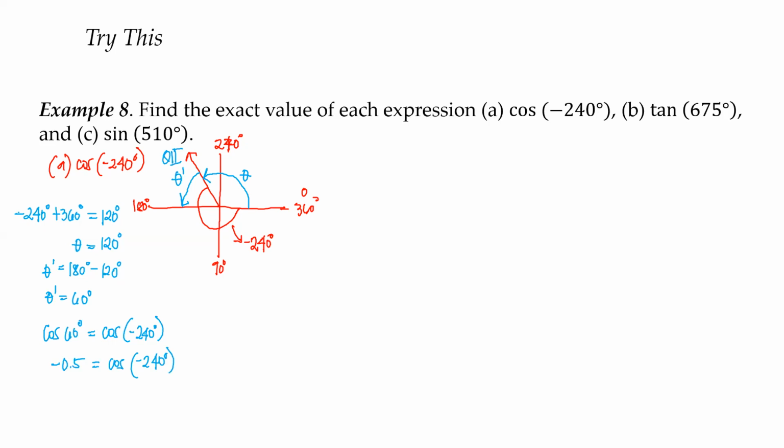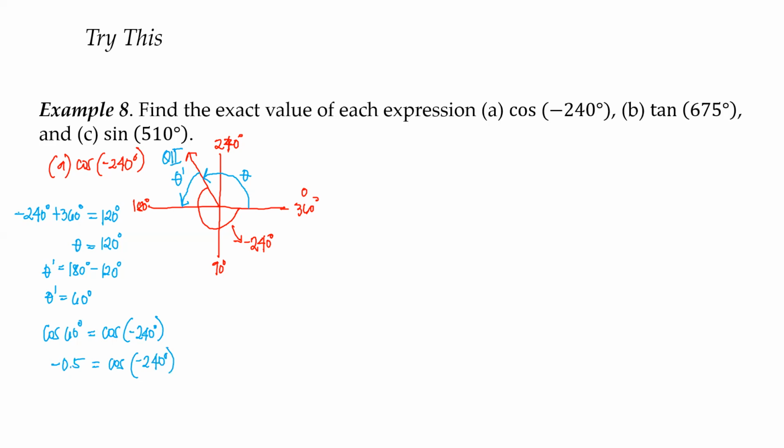Now, to check, in case you have doubts because the angle is negative: since it is in quadrant 2, x is negative, and y, the sine, we should expect to be positive.